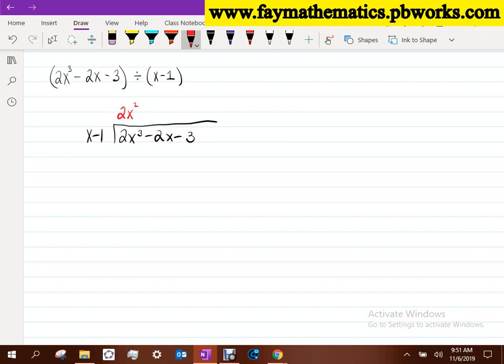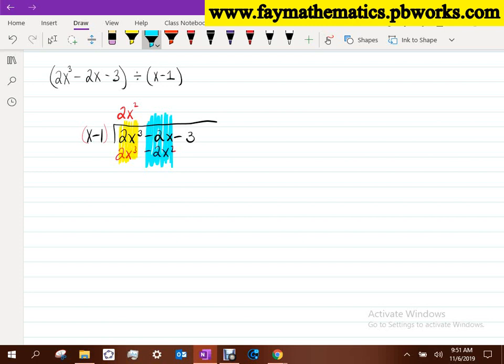Now here's the idea. If I multiply out and distribute to x minus 1, I get 2x cubed minus 2x squared. Notice how those line up, but are those like terms there? No. If you forget the placeholder, it's not impossible.